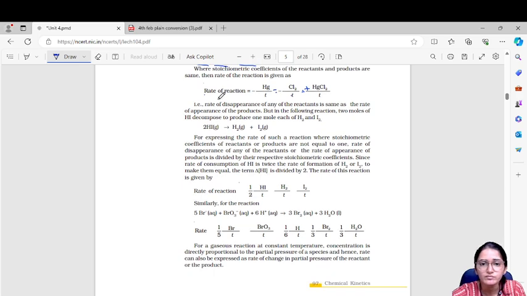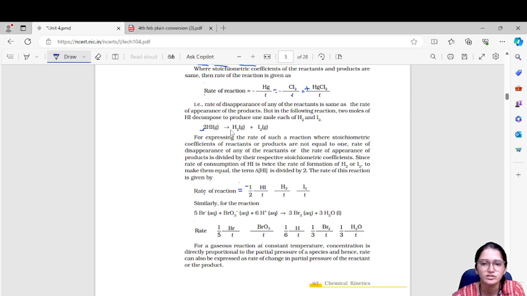If I consider the reaction 2HI gives H2 plus I2, then here also the same thing. Now one more thing is added here, that is the coefficient. Here there is a coefficient of 2, and here there are no coefficients, so we can consider it as 1. Whenever there is a coefficient, you have to write the rate of reaction this way. The rate of the reaction is equal to, that 2 we have to take as reciprocal.